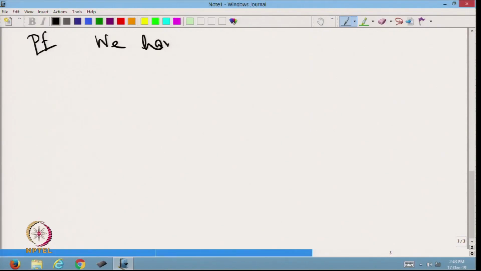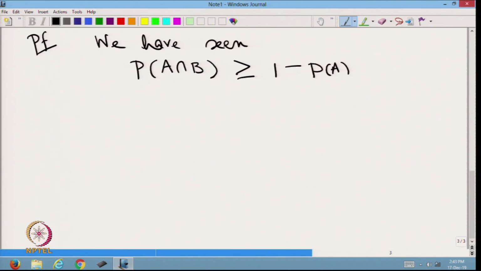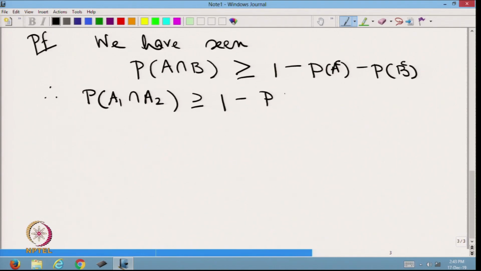We have seen probability of A intersection B is greater than or equal to 1 minus probability of A complement minus probability of B complement. Therefore, probability of A1 intersection A2 is greater than or equal to 1 minus probability of A1 complement minus probability of A2 complement.